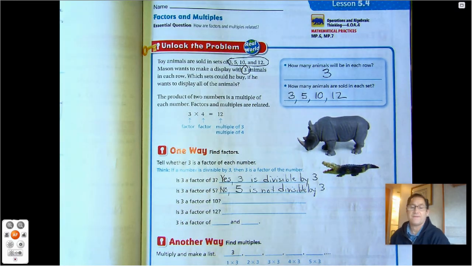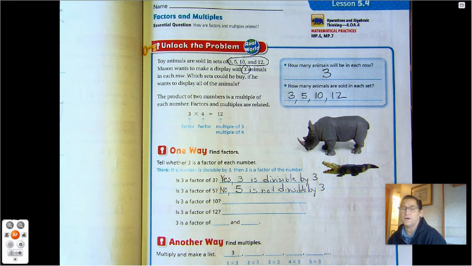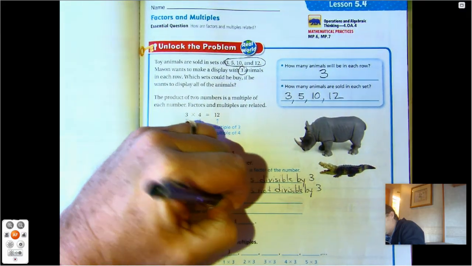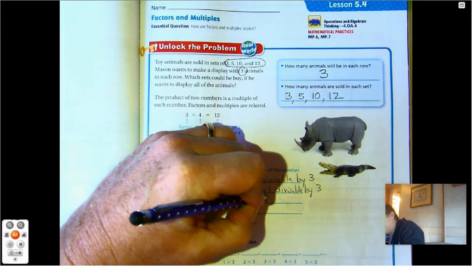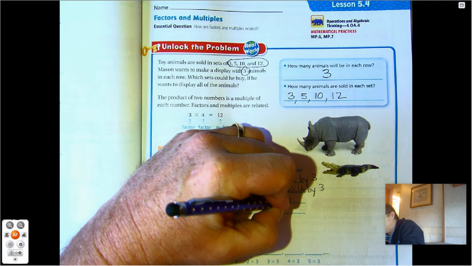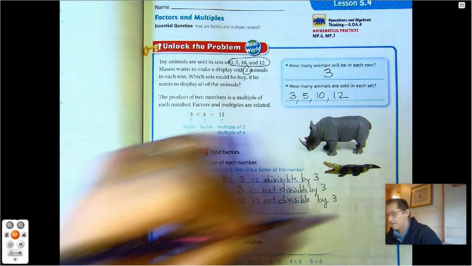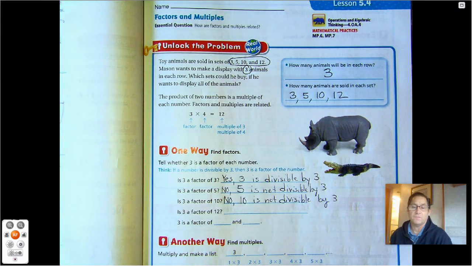Is 3 a factor of 10? 3, 6, 9, 12. No. 10 is not divisible by 3. Is 3 a factor of 12?